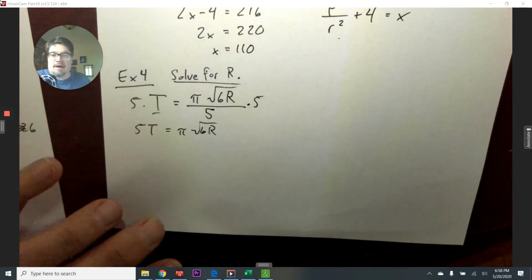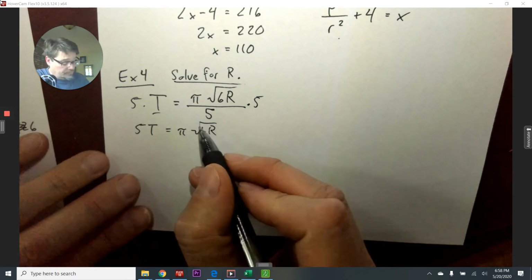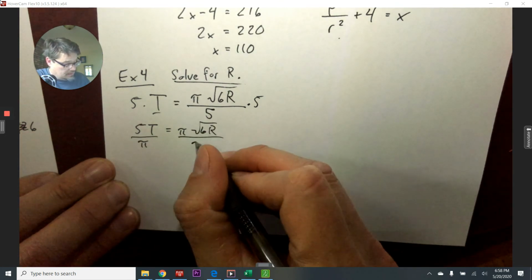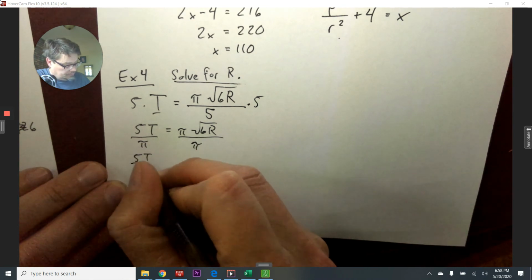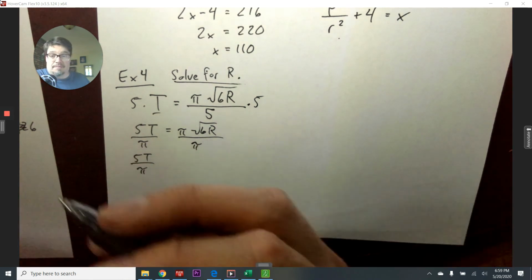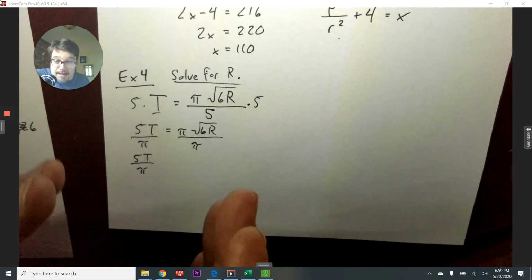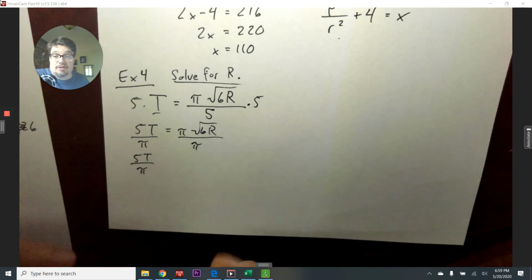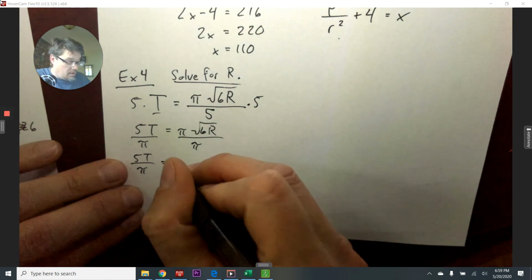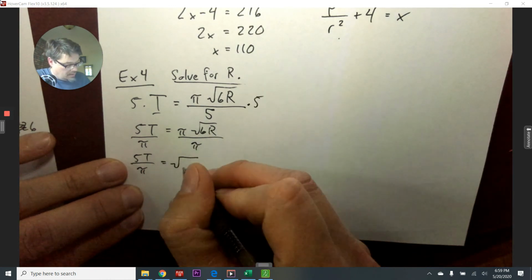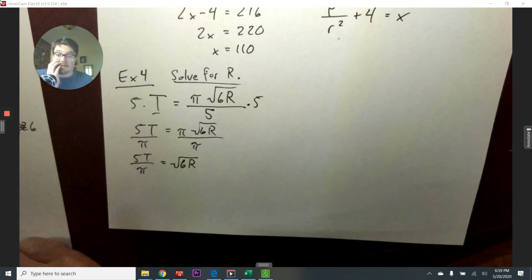Now I'm being multiplied by pi to that radical, so I will divide both sides by pi. Now remember, 5T, I don't know what T is, so there's nothing I can do. I can absolutely leave this as a fraction, and there's nothing to solve for other than r. That's the only thing I'm after here. So now I have radical 6r.